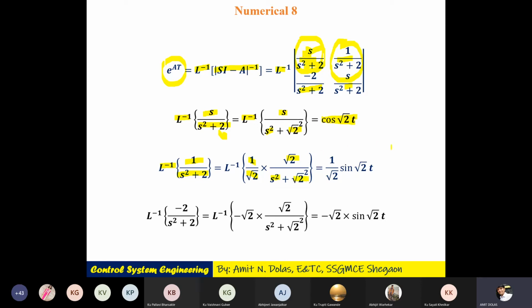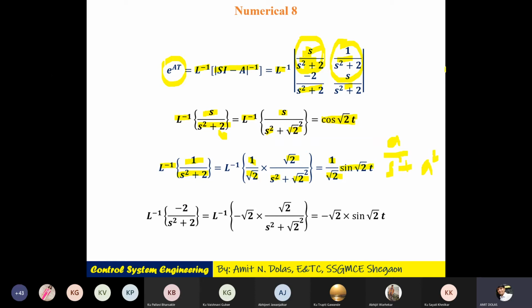So it will be in the form of what? a upon S square plus a square. So for that we have 1 by a into sine of at. So this is how inverse Laplace works.